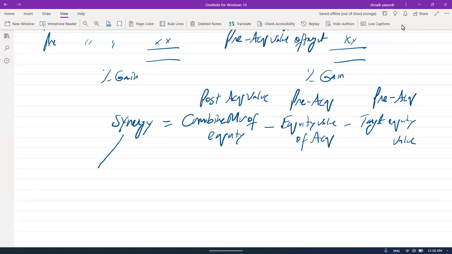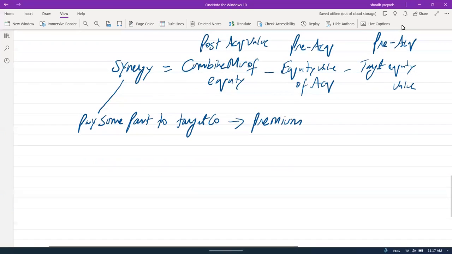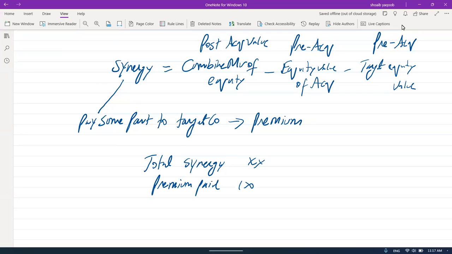Firstly, pay some part to the target company. Whatever you pay to the target company will be called premium. So total synergy minus premium paid is the value attributable to the acquirer.